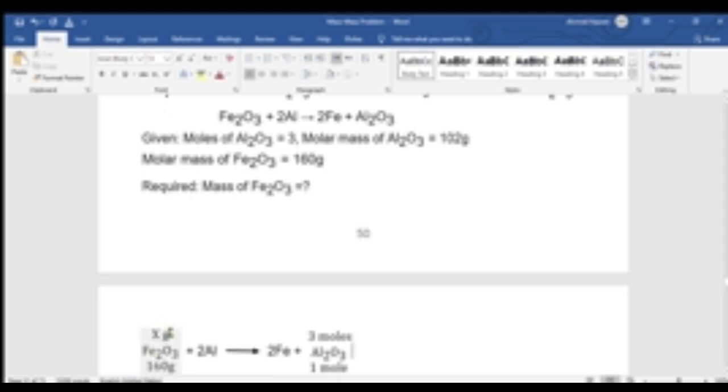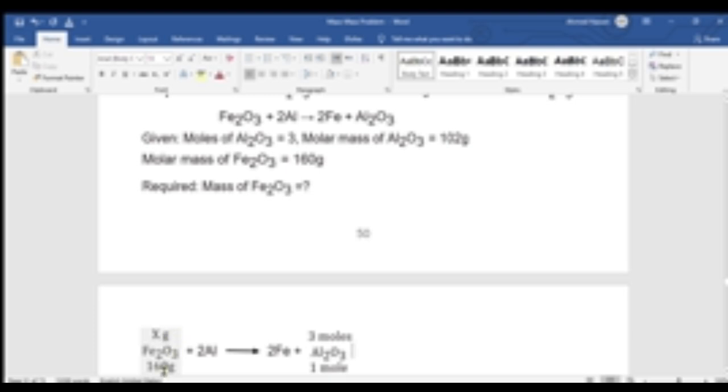You see, x above iron(III) oxide, and the total mass of iron(III) oxide is 160: 2 iron, 2 times 56 plus 3 times 16, is equal to 160. The total mass of aluminum oxide is for 1 mole only: 2 times 27 plus 3 times 16, 102. Therefore, you set up the proportion as follows.